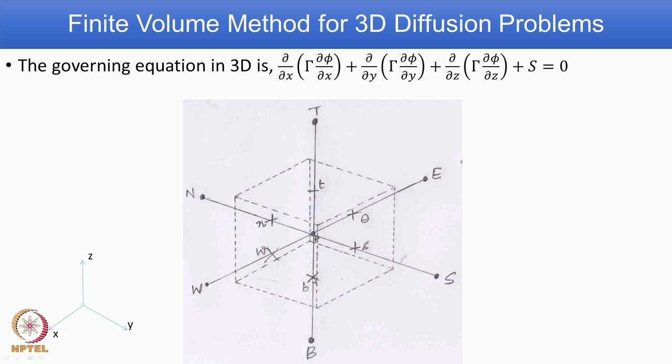Similarly, small case letter b is marked as the center point for this particular bottom face, and so on for other surfaces. Once again, this is for a simple situation, a cube is taken, hence it is very simple, all sides are equal and the center is able to be fixed. Imagine how you will do it for an unstructured mesh. So, the procedure is the same as we did for 1D and 2D.